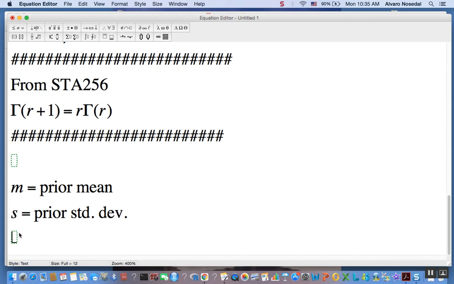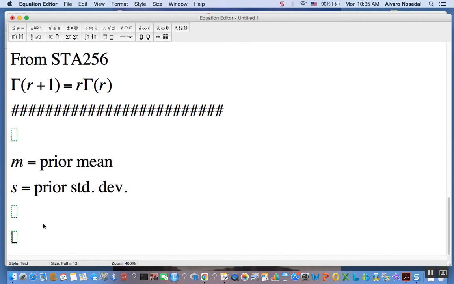Basically it's going to be just solving the following system of equations, right?